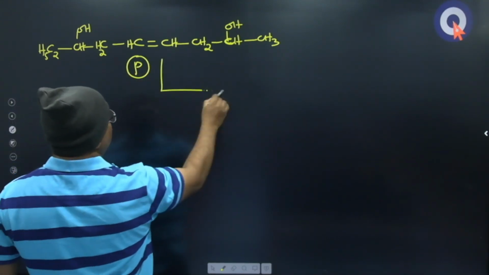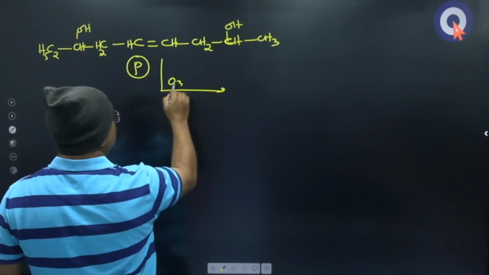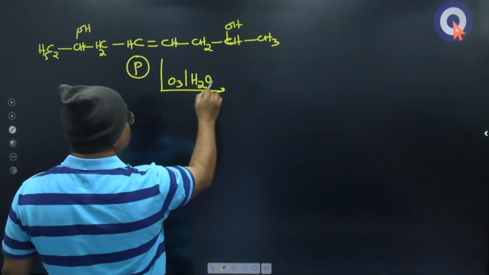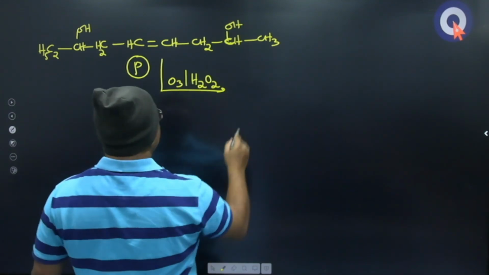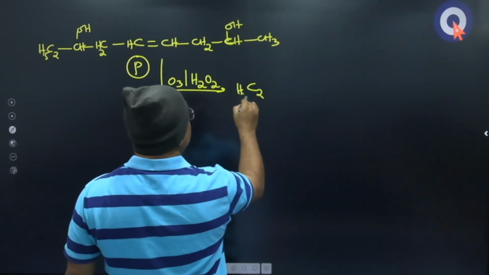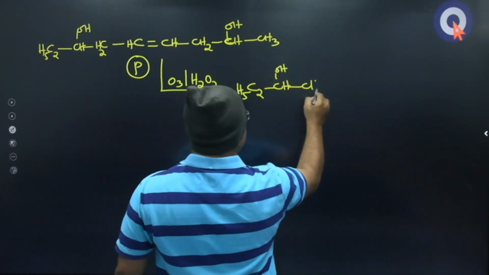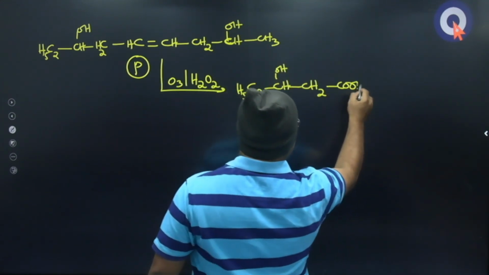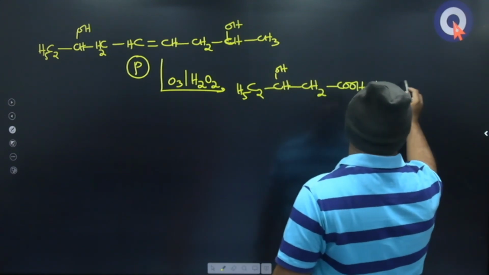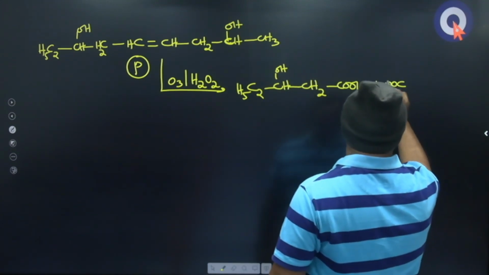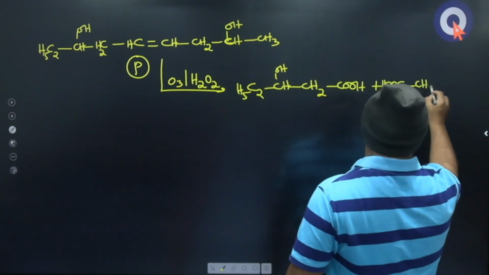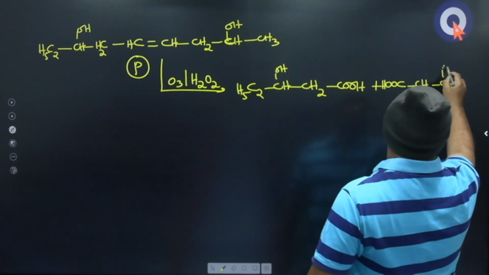When ozonolysis and hydrogen peroxide are applied, it will form C2H5CHOHCH2COOH plus COOHCH2CHOHCH3.